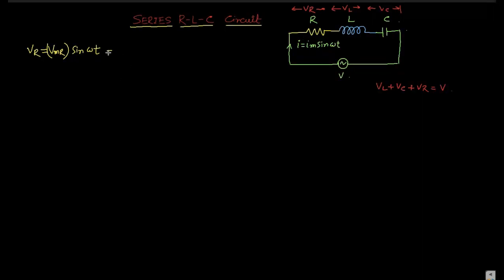That is, we can write it as Im into R. That Im, the peak current, into R is the VR, the voltage drop across R.